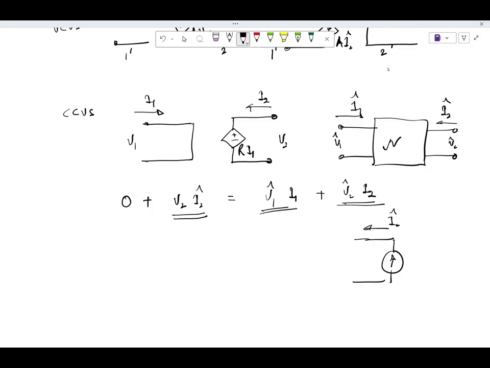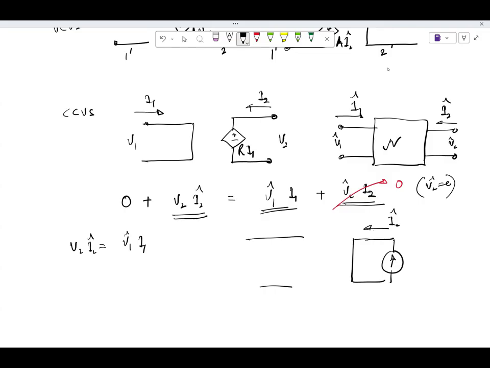So which means that's a problematic term. So I2 I do not know. So I will set V2 hat to 0 so that I don't have to deal with that term. Correct? So set this to 0, which means V2 hat is 0, which means this is shorted. Correct? So what did I end up with? If that becomes 0, I ended up with V2 I2 hat is V1 hat I1.